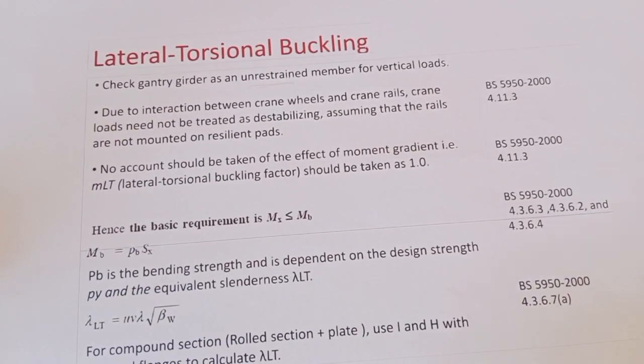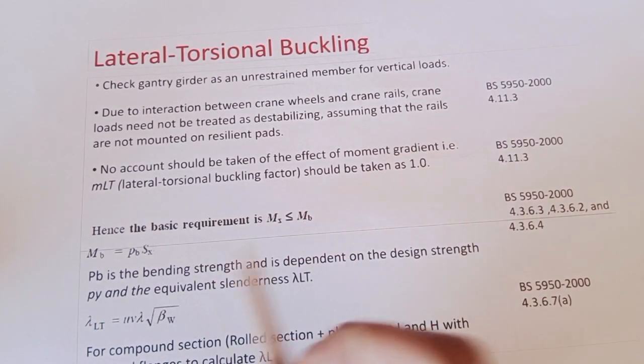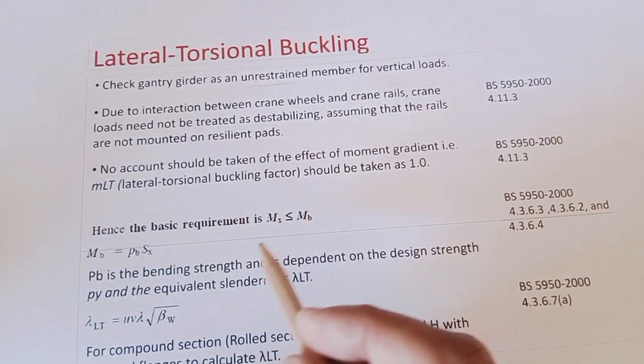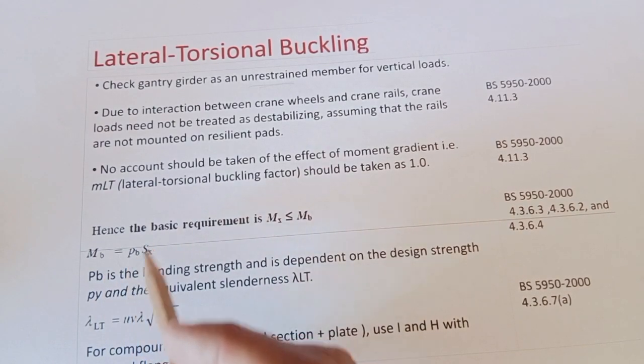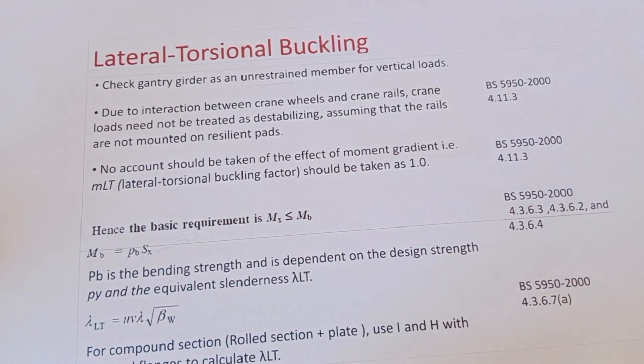So for these things, the major axis moment should be less than MB, and for buckling we check here MB equal to PB times SX, where SX is the section modulus, and PB is the bending strength, which depends on the design strength PY, that is the yield stress here, and the equivalent slenderness lambda LT, calculated from this equation in BS 5950 4.3.6.7.